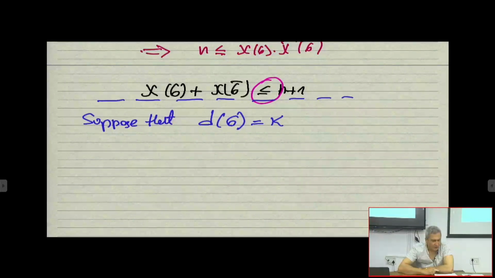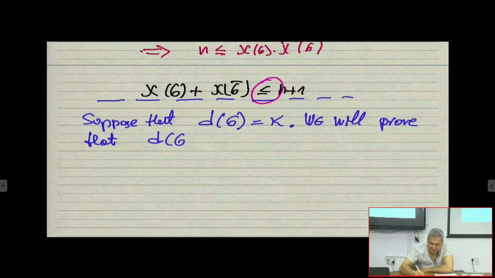And we will prove that the degeneracy of G complement will be at most n minus k minus 1.